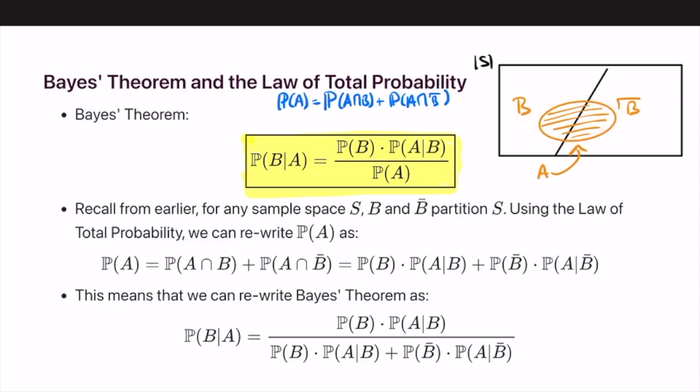So we have B and the complement of B, that's our partition. And we can use the law of total probability to rewrite the probability of A, which we've done. We have the probability of A right here, and we can go ahead and use the multiplication rule to rewrite these.